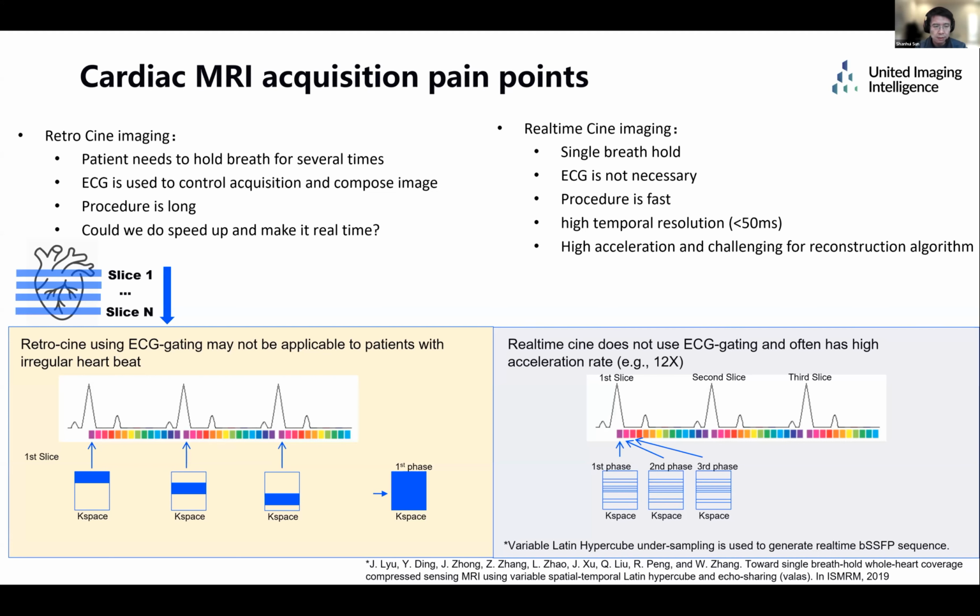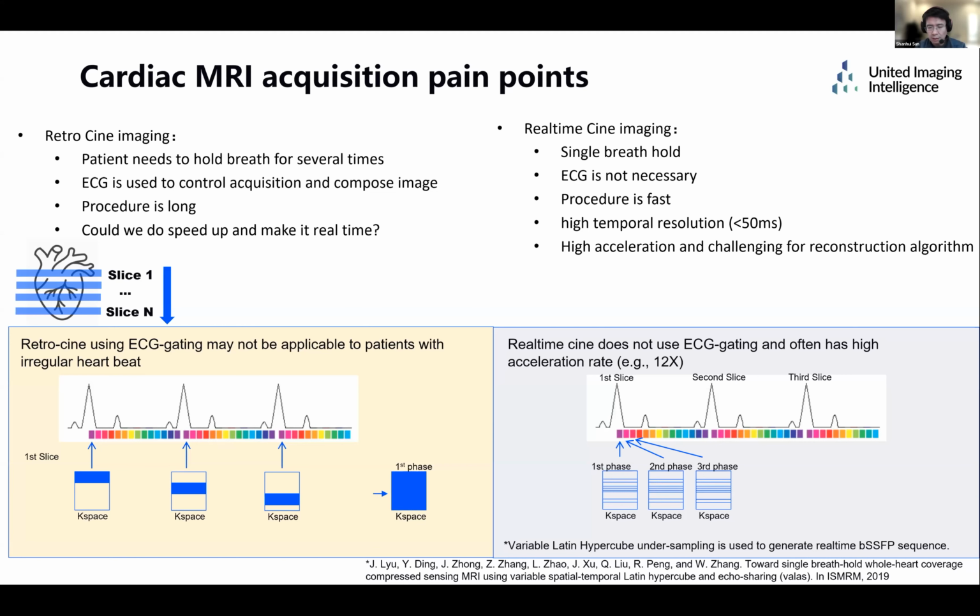If you look at the illustration at the left bottom, I show the ECG waveform for just one slice at one time point. In the first cardiac cycle, we fill in a few k-space lines. In the second cardiac cycle, we fill in more k-space lines. And in the third one, we fill in more, until we fill the entire k-space data.